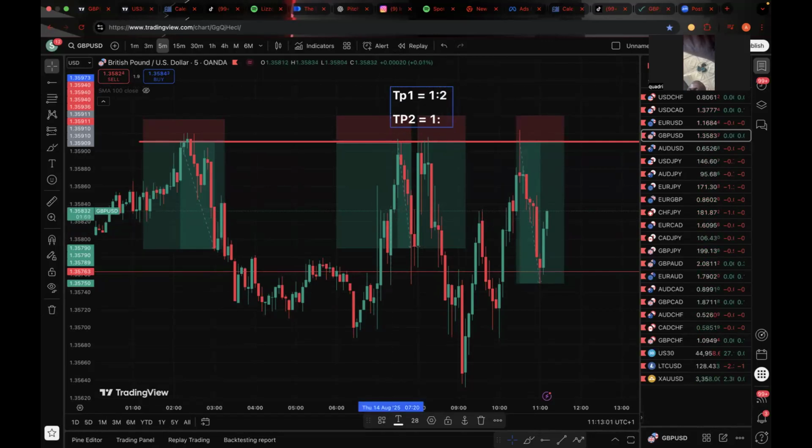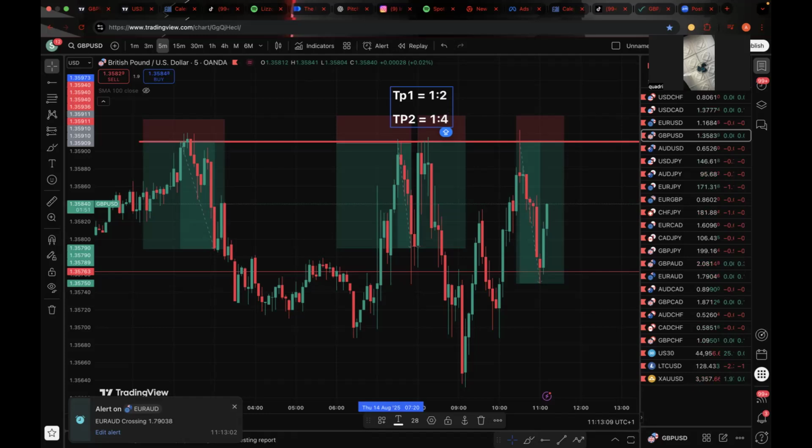So when the market hits TP1, we move our stop loss to break even. Then we try to hold for TP2, right? What usually happens is that the market hits TP1, then it will get close to TP2, but it will not hit TP2.